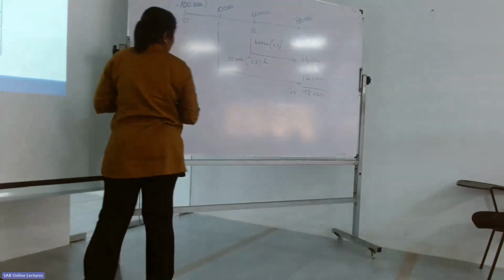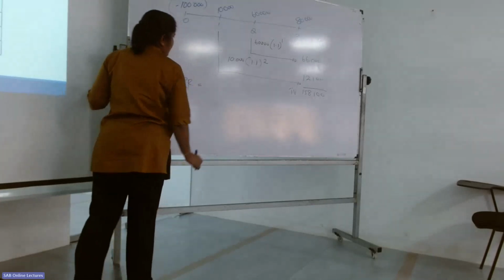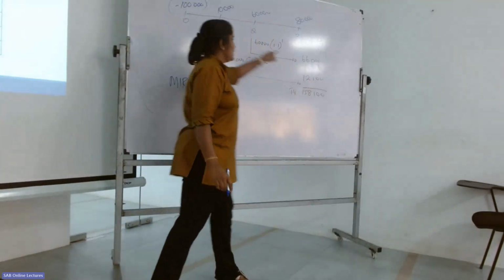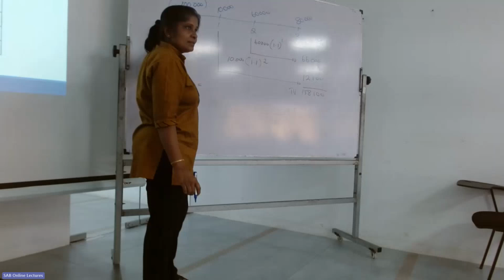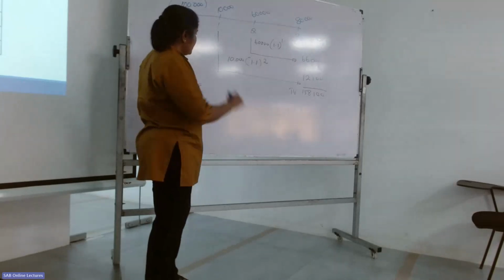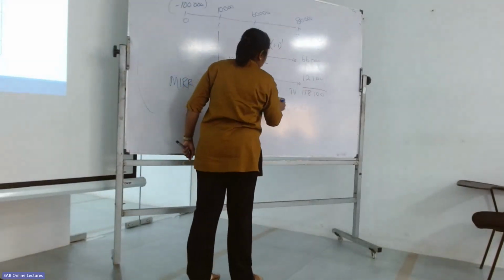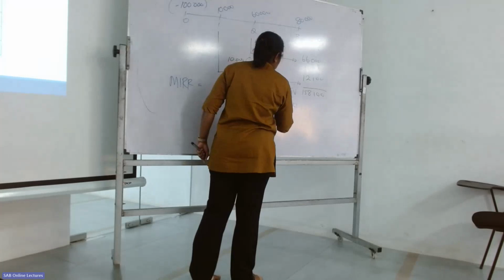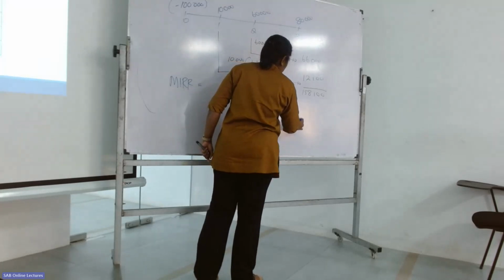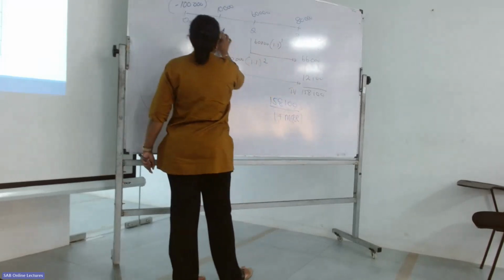So modified internal rate of return, MIRR, is the discount factor where this terminal value is equivalent to the cost of the project. That is the MIRR. So you have to discount the 158,100 by 1 plus MIRR for how many years? 1, 2, 3.